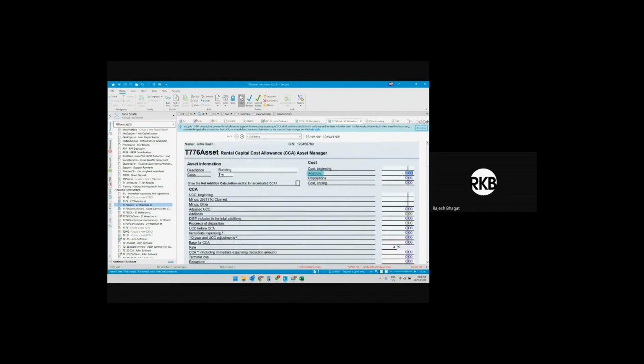When I'm entering here, it gives me override. Override means this field is automatically calculated. Now I need to find out where to enter the information which can be picked up here.